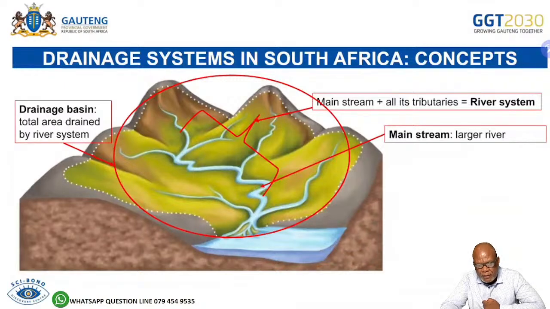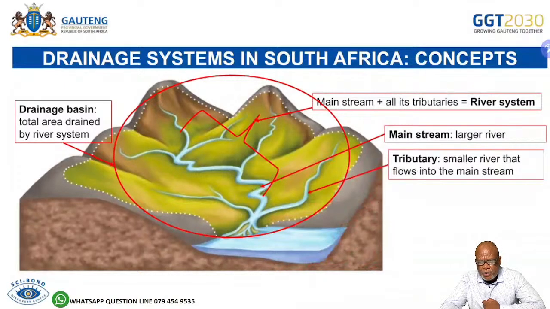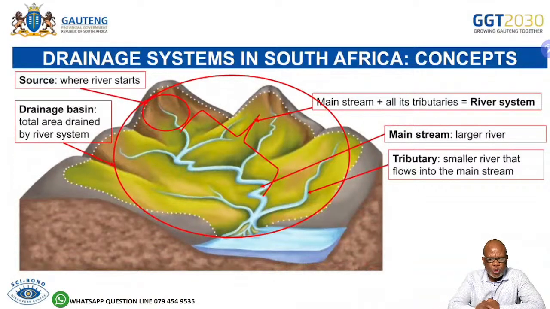We call it a mainstream. And then what do you call that? The small rivers that flow into the bigger rivers are called tributaries. Then you see over here, this is where this river is starting. It's called the source. The source of the river is where the river starts. So the source of the river will be found in the upper course.